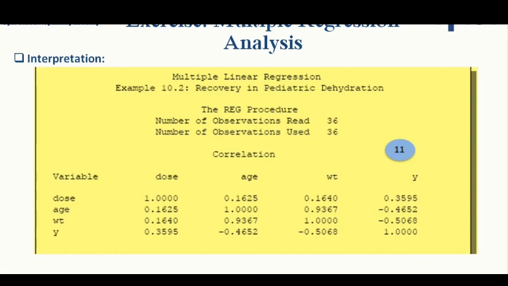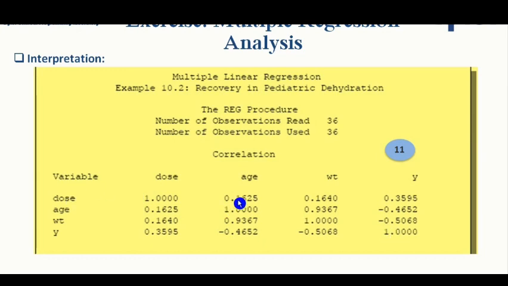Once you run this SAS program, it gives you the correlation coefficient matrix. I suppose we have seen this kind of matrix earlier also. Since there are 4 variables, it's a 4 by 4 correlation matrix. So dose with dose, the correlation coefficient is 1. The correlation coefficient between a variable and itself is always 1, and you get all the diagonal entries as 1.